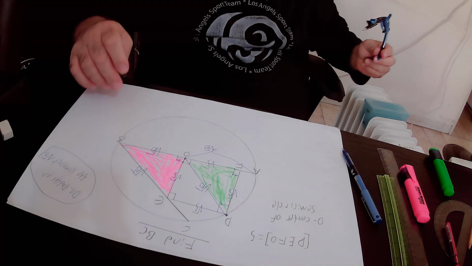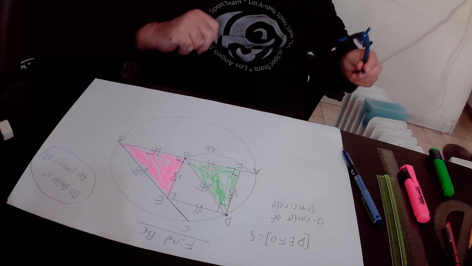So in the first step, we completed the semicircle to a circle.